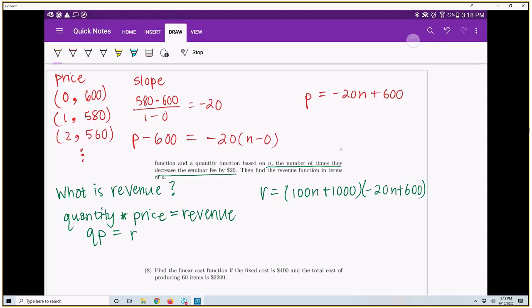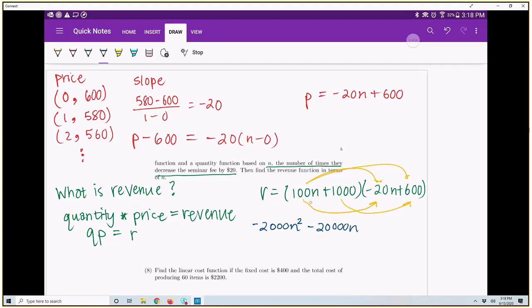Now, if we want to, we can actually multiply this out and simplify our answer. So we'll have 100N times minus 20N. That should be minus 2000N squared. Then we have 1,000 times minus 20n, so that's minus 20,000n.